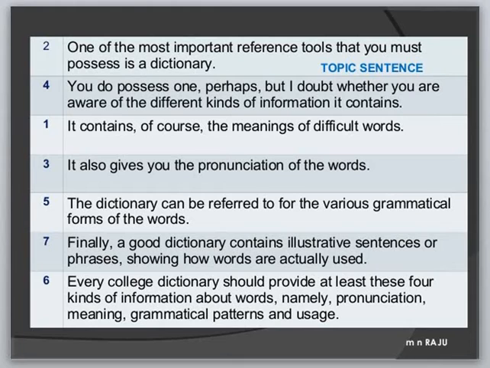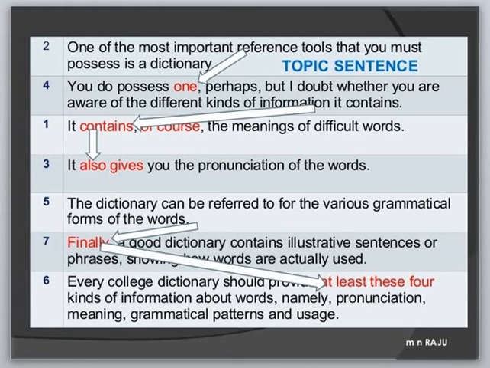So let me explain further how you can rearrange these sentences and how connectors can be added. Here you can see, one of the most important reference tools that you must possess is a dictionary. So here you will connect it with one. You do possess one, perhaps, one means dictionary, but I doubt whether you are aware of the different kinds of information it contains. And after that, it contains, of course, the meanings of difficult words.